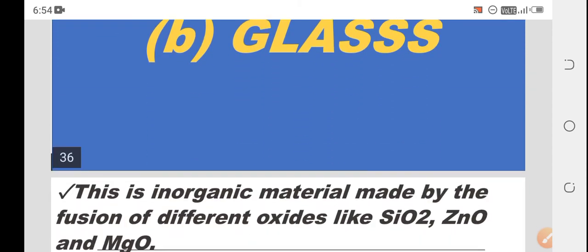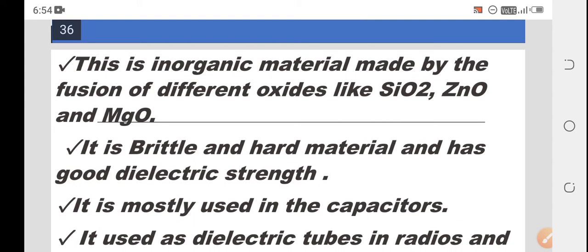Coming to glass. Glass is another dielectric material. This is an inorganic material made by the fusion of different oxides like silicon oxide, zinc oxide, magnesium oxide. What is fusion? Fusion is nothing but combination. So it is a brittle and hard material.